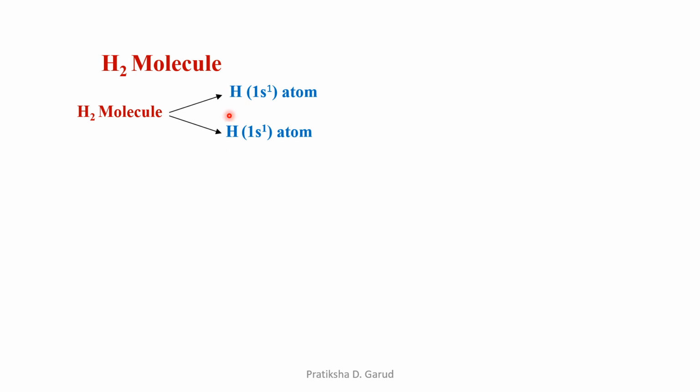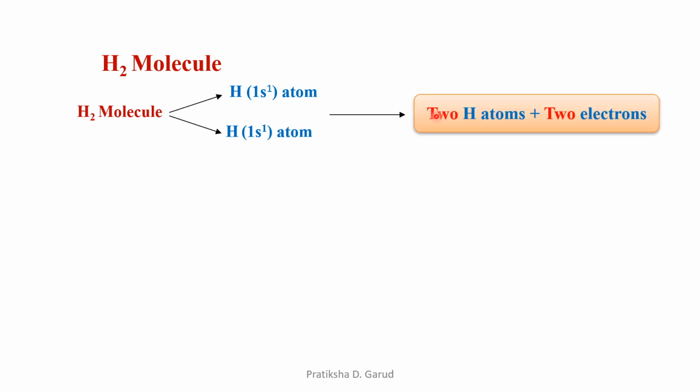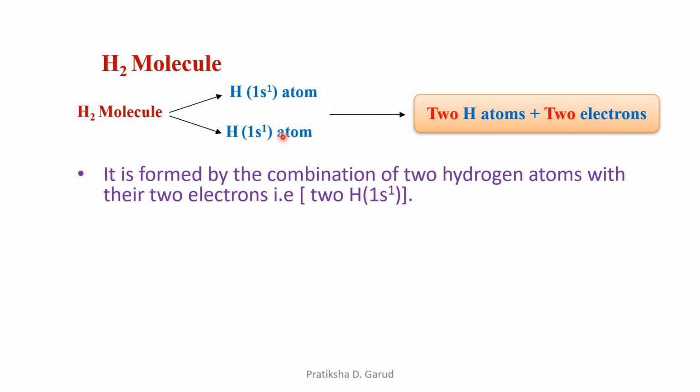In total there are two hydrogen atoms and two electrons.